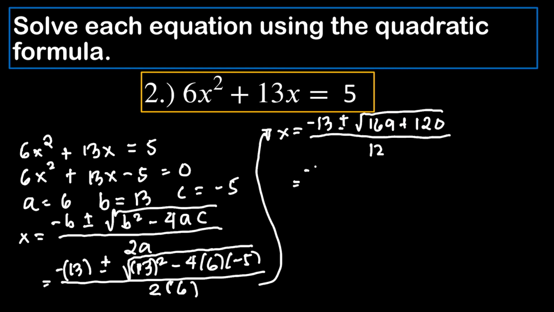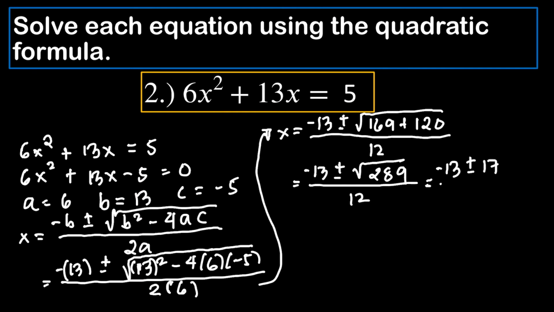So this will give us negative 13 plus and minus the square root of 289 all over 12. Simplifying this further, the square root of 289 is 17, so 17 all over 12.